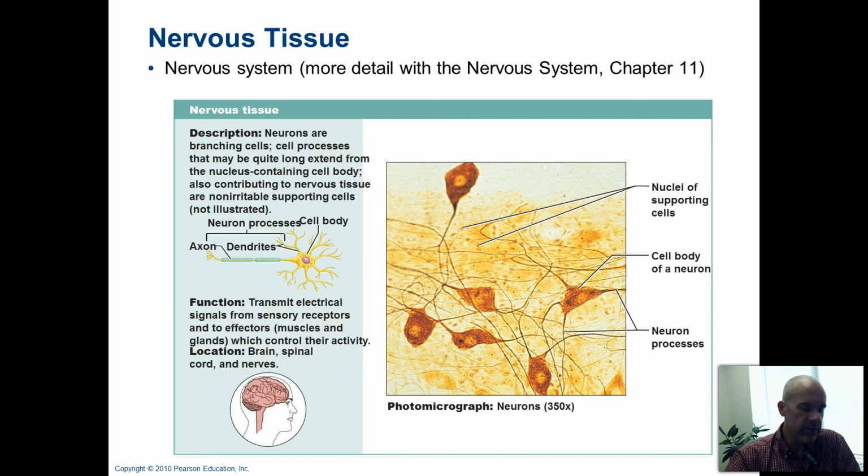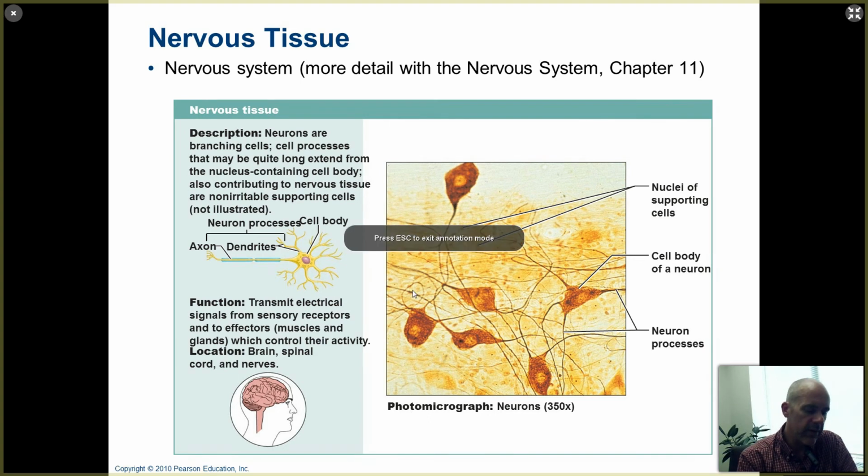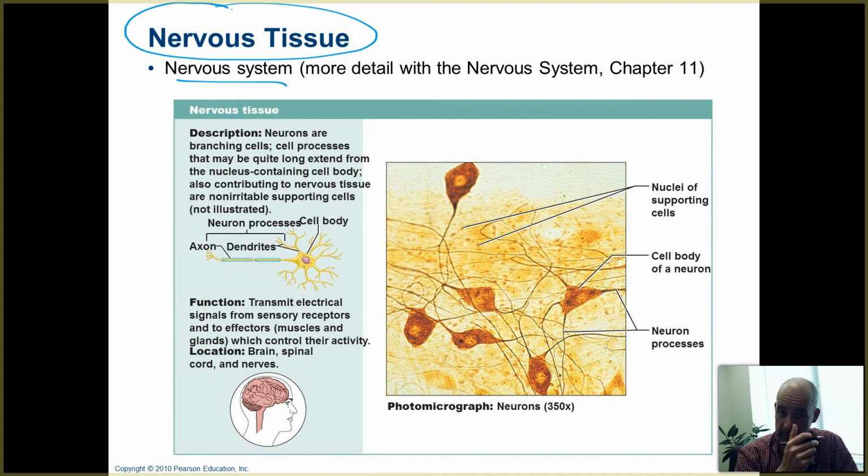All right, so nervous tissue, as we have already discussed, is present in the nervous system. So the brain, the spinal cord, and then your spinal and cranial nerves, and then the nerves that extend out and supply all parts of the body. And when we get to Chapter 11, later this semester, you're going to hear a whole lot more about nervous tissue in detail.